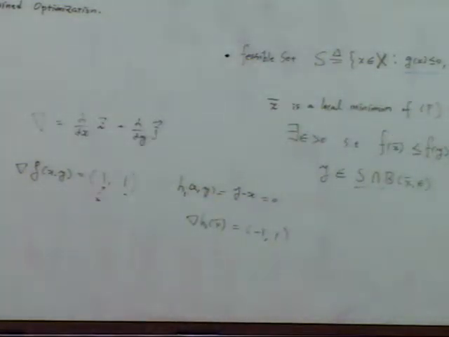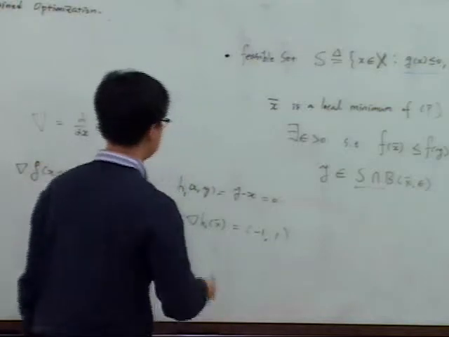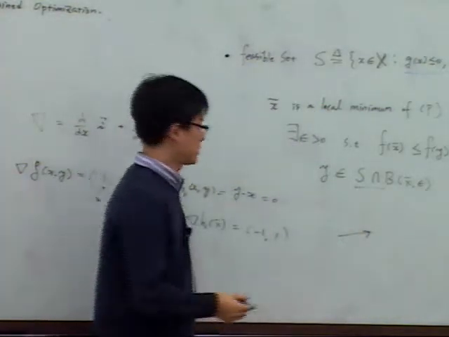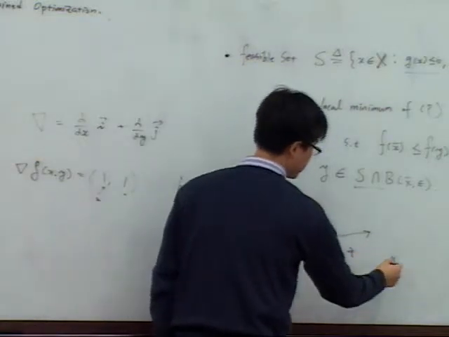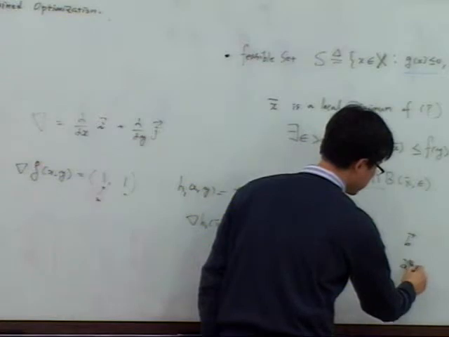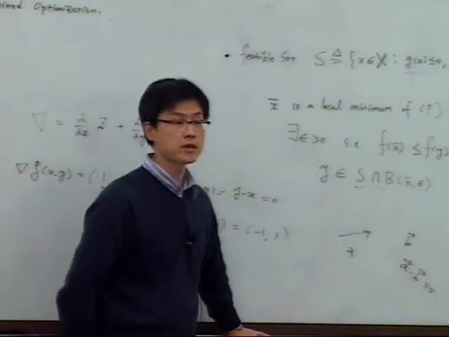And in order to have these two vectors have a zero dot product, okay, there is a vector like this. Call this vector A, and you have to draw vector B, which satisfies that. What would be the vector B?